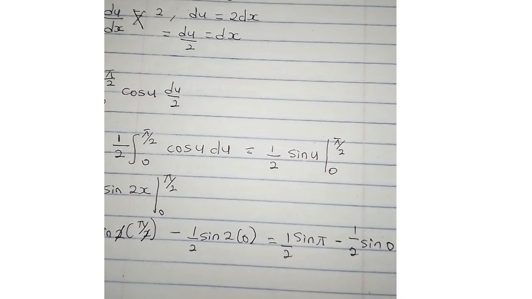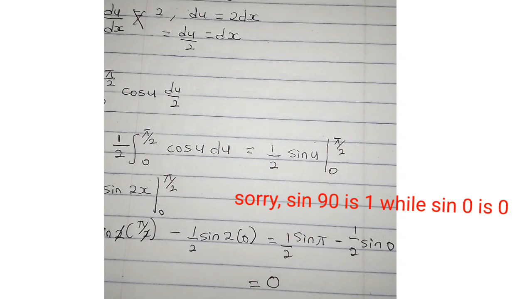So we have half of sine pi subtracting half of sine 0, which equates to 0. How does it equate to 0? Simply because pi is 180 degrees and sine of 180 is 0, and also the sine of 0 is 0. So 0 subtracting 0 gives us 0.